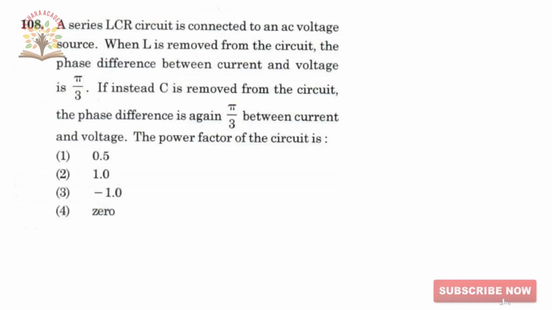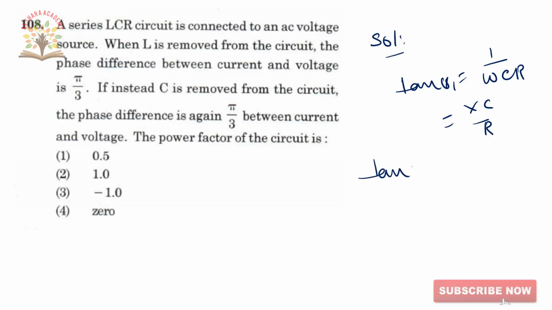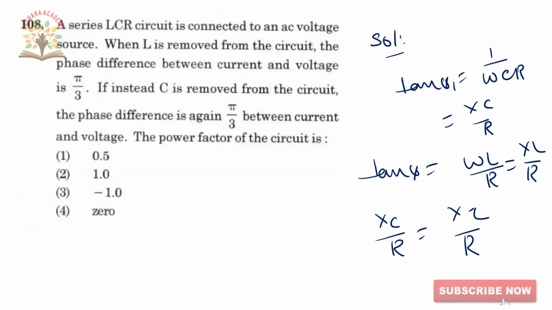Tan phi is equal to 1 by omega CR, that is equal to XC by R. Tan phi 2 is equal to omega L by R, that is equal to XL by R. XC by R is equal to XL by R. So XL is equal to XC. Which option is correct? The second option is the correct answer. So option 2 is the right answer.